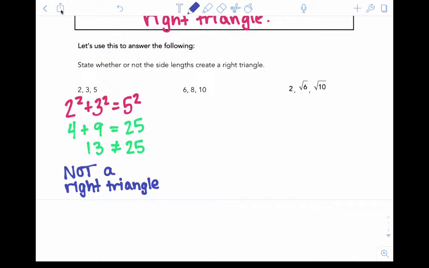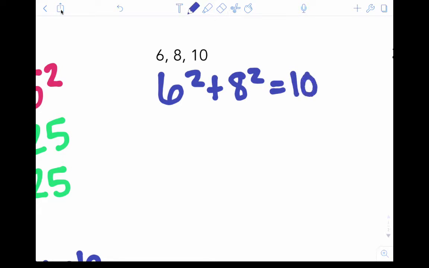Okay, let's move on to 6, 8, and 10. Once again, the first thing I need to do is recognize that I have three side lengths for a triangle, and so I'm going to use the Pythagorean theorem. I notice that 10 is the largest, so 10 is my c. So I'll write 6 squared plus 8 squared equals 10 squared.